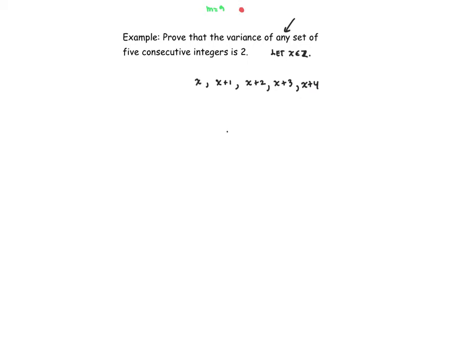Okay, so what that tells me is that mu, our average or our mean, which is required in order to find the variance, would be 5 x's plus 1, 3, 6, 10, divided by 5 terms, or 5 data points.